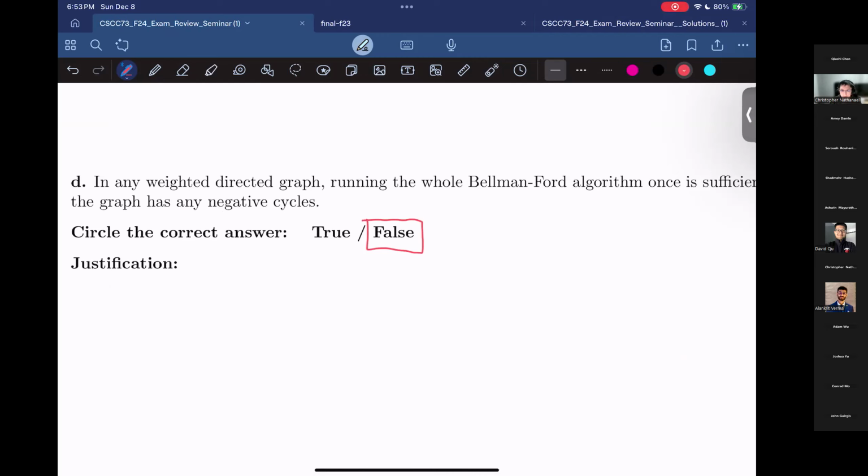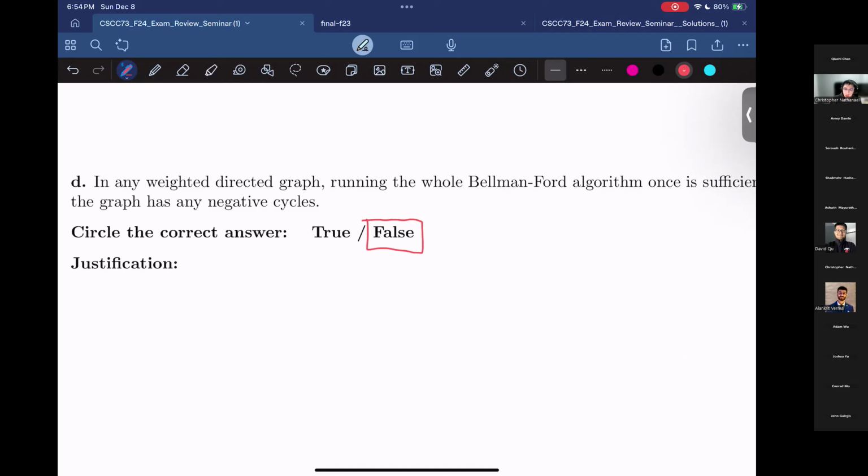Yep, false, correct. Because in Bellman-Ford, we have a fixed starting point, right? It will only detect negative cycles that are reachable from the starting node. A weighted directed graph can be connected or it can be disconnected also.